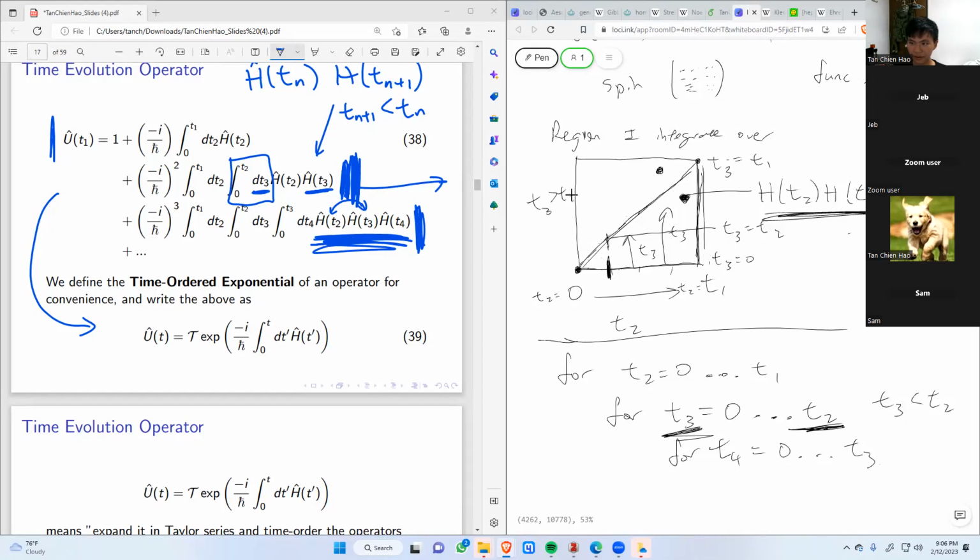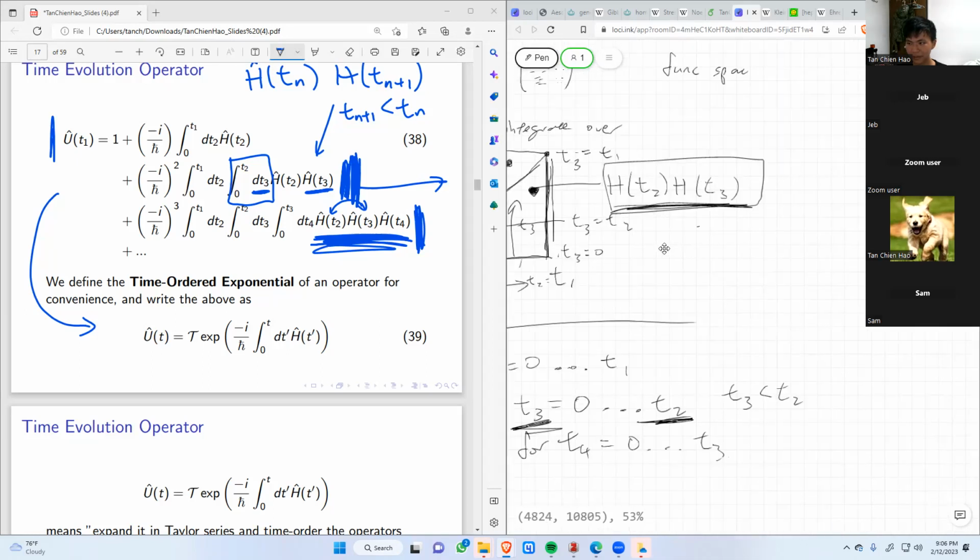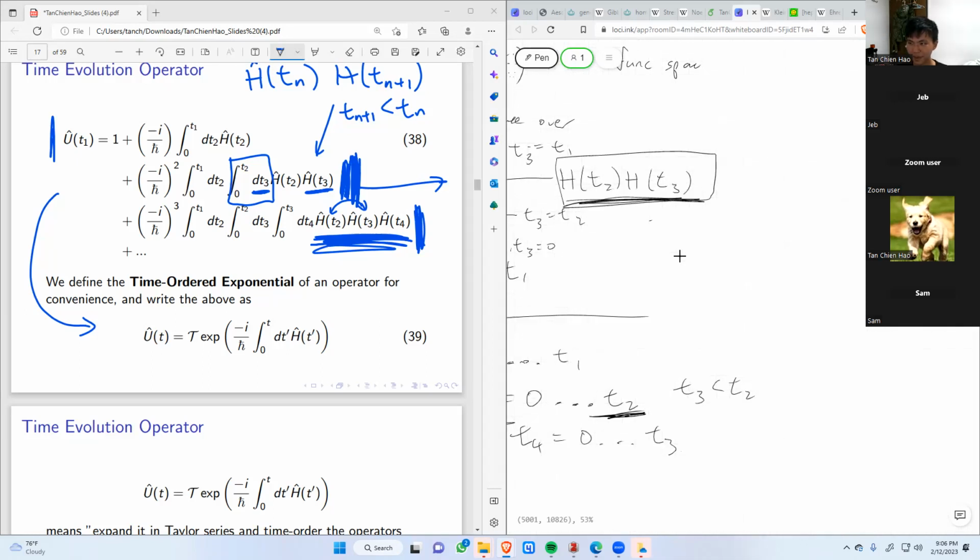And that doesn't sound good, because if I integrate h of t2 and h of t3 with t3 greater than t2, I'm integrating over extra stuff that I shouldn't. So the problem is that I integrate over stuff I don't want to.